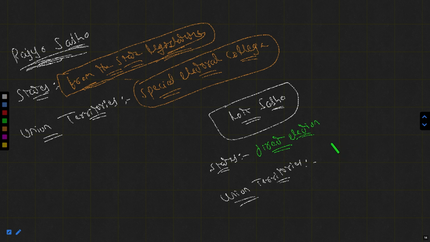All right, and we know that there is a provision that came into existence for direct election. And what was the act?